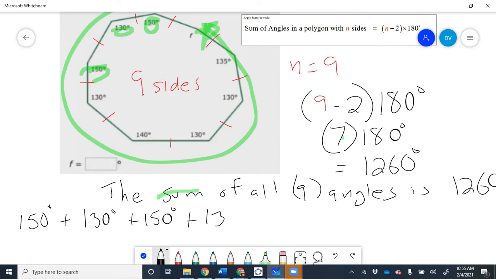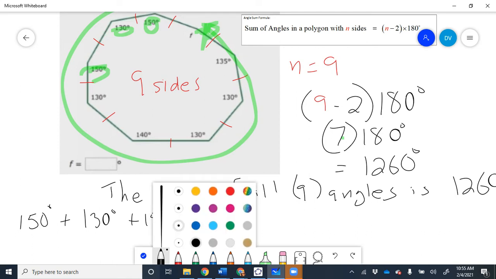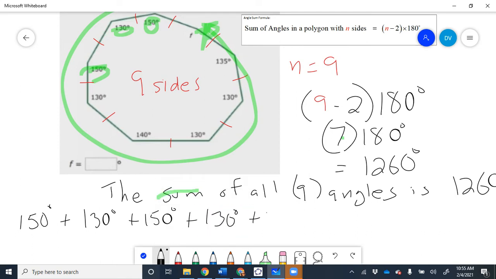We're going to have 9 of these all together. The next one is going to be 140 degrees. After that, 130 degrees. After that, another 130 degrees. After that, 135 degrees. And after that, we have F.